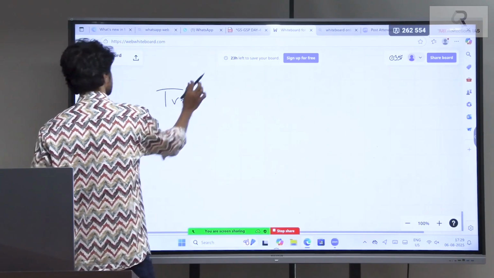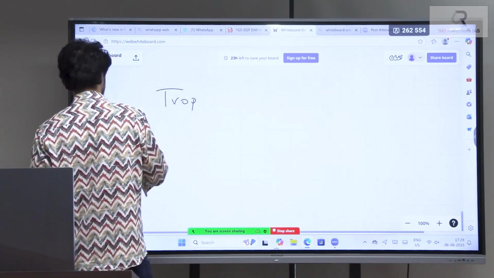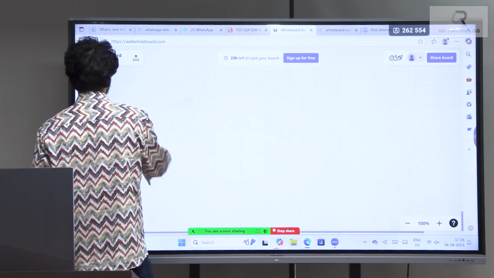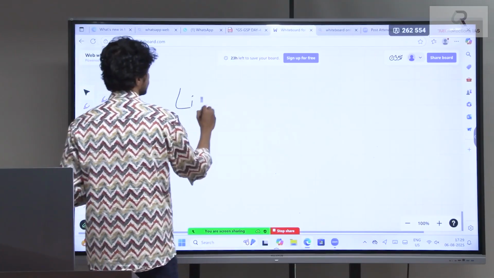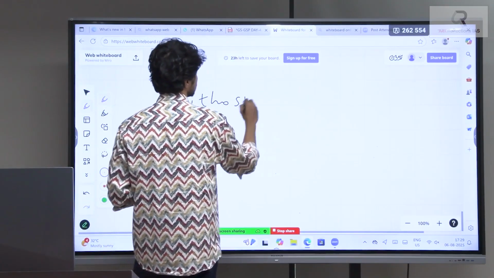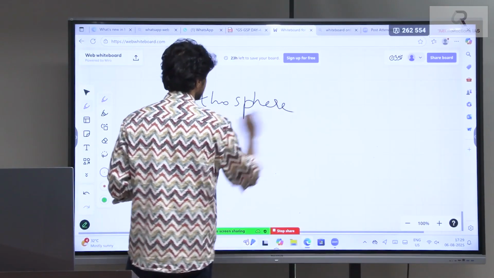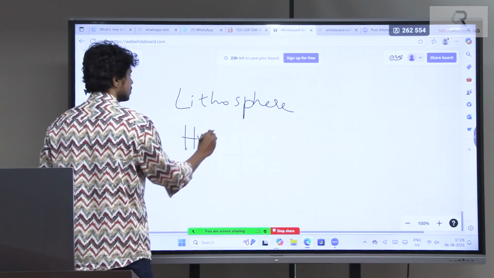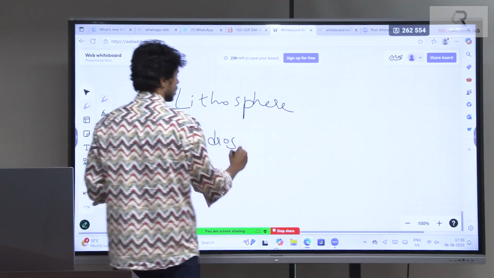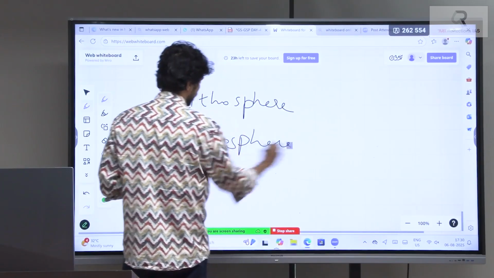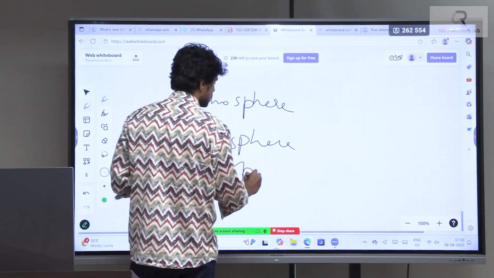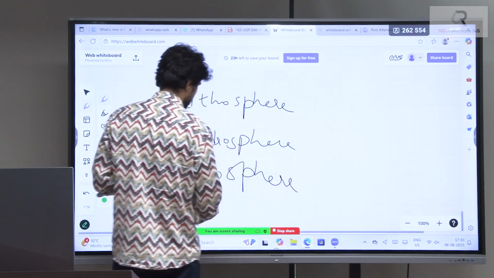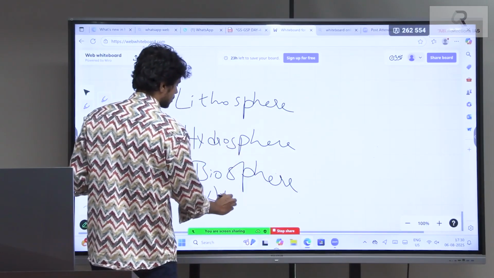Not the troposphere, lithosphere. లిథోస్పియర్ అంటే ల్యాండ్ మీద అన్నమాట. ల్యాండ్ మీద ఏం ఇంపాక్ట్స్ ఉన్నాయి, దెన్ హైడ్రోస్పియర్ మీద ఏం ఇంపాక్ట్ ఉన్నాయి, దెన్ బయోస్పియర్ అంటే లైఫ్ ఫార్మ్స్ మీద ఏం ఇంపాక్ట్ ఉన్నాయి, దెన్ అట్మాస్ఫియర్ మీద ఏం ఇంపాక్ట్స్ ఉన్నాయి.